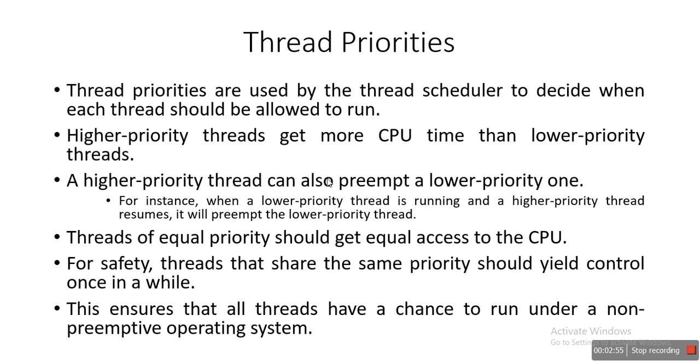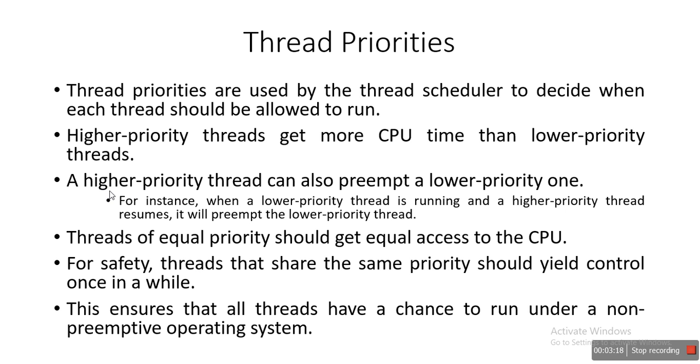Once a higher priority thread tries to use the CPU time, the lower priority thread should leave the CPU and allow the higher priority thread to enter the CPU. This is the main intention behind thread priorities.